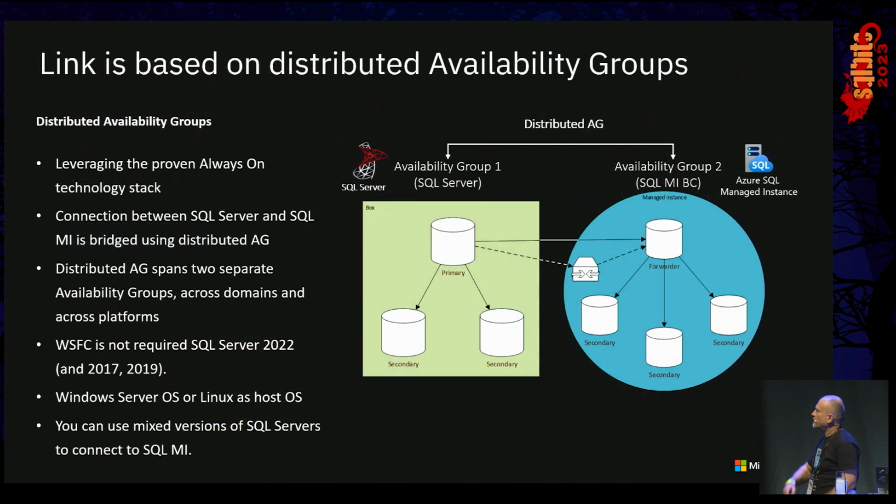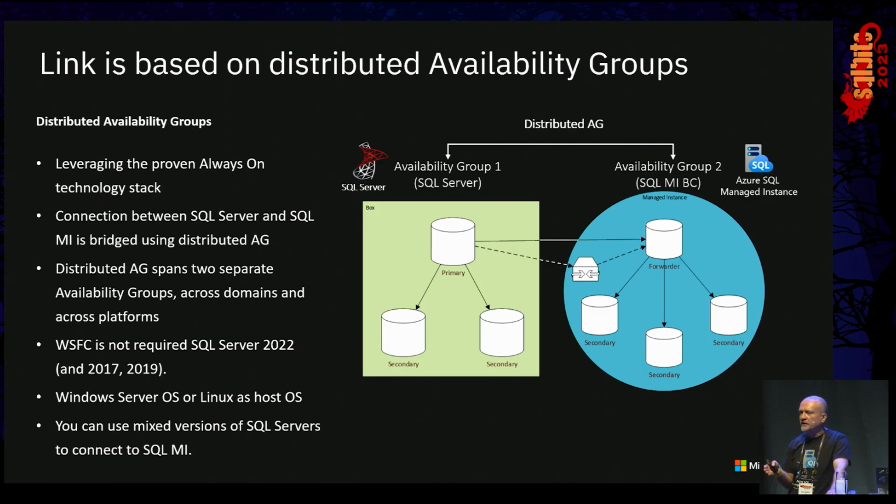All right, so how does it work technically? Distributed availability groups span two different availability groups. Important to say, and this is a question that I've been asked a lot, for Managed Instance we have the General Purpose and the Business Critical service tiers. Business Critical has Always On, whereas General Purpose has FCI, failover clustering, for availability.